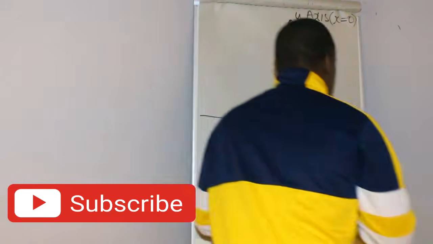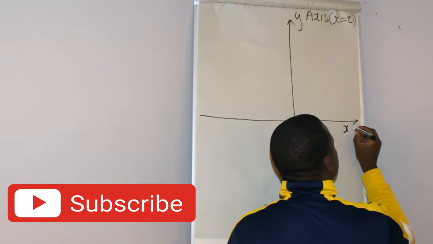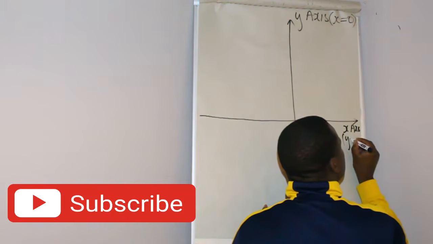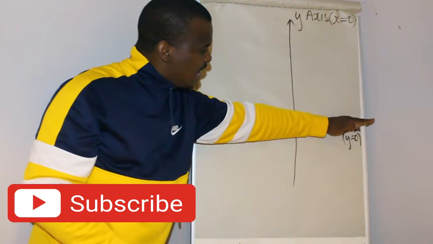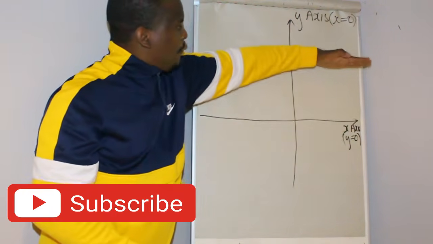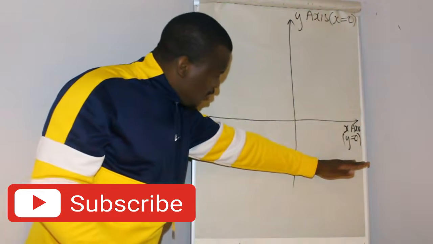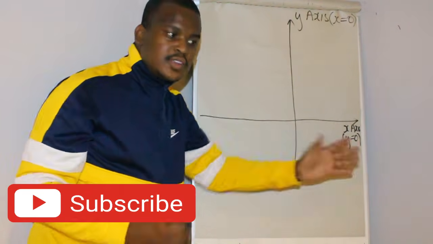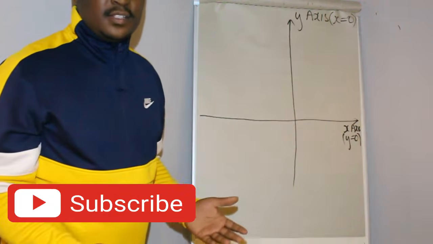Here we have the x-axis, which is also known as y is equal to 0, because along this line, y is 0. Above this line, y is greater than 0, which is positive. Below this line, y is less than 0, which is negative. This is very important. You must know this, because we are going to need it.